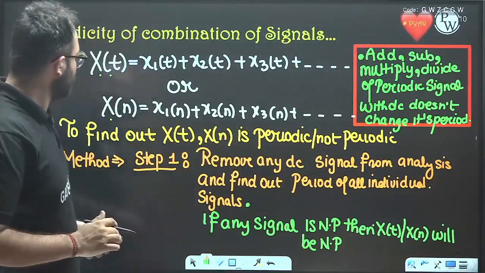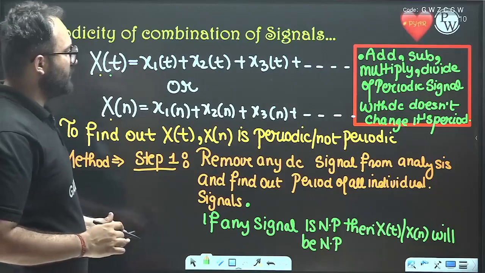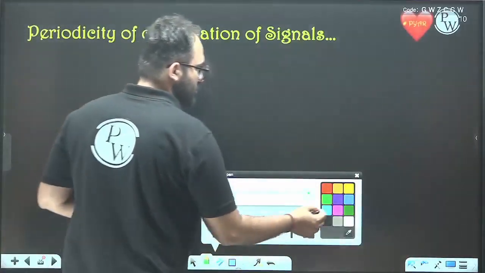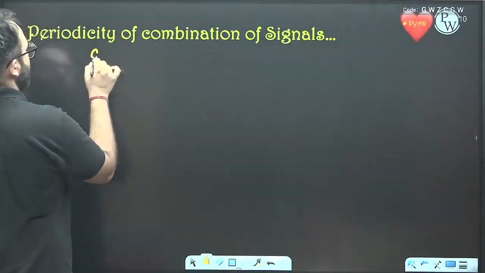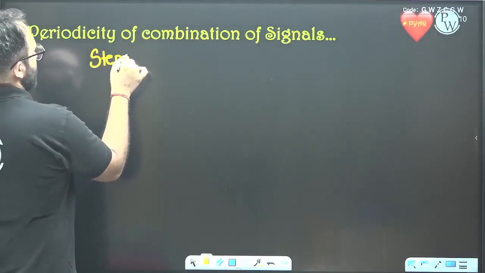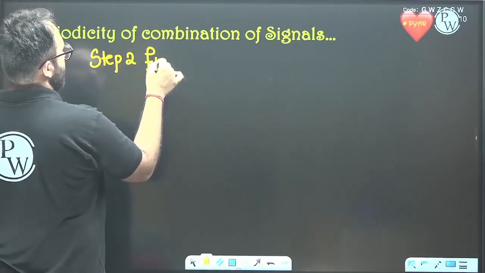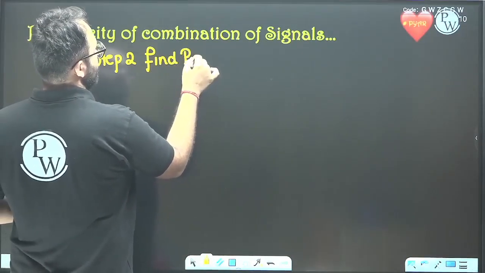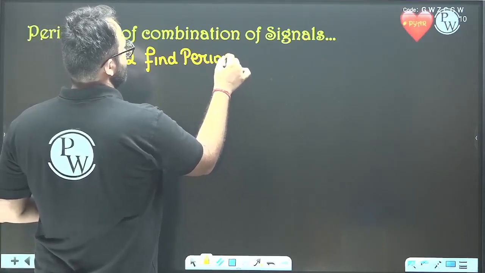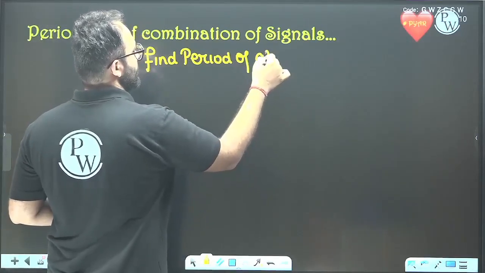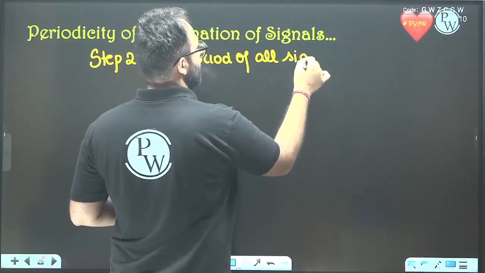Okay. Now this is step number 1. Now step number 2. Find the period of all signals. That we have already done.